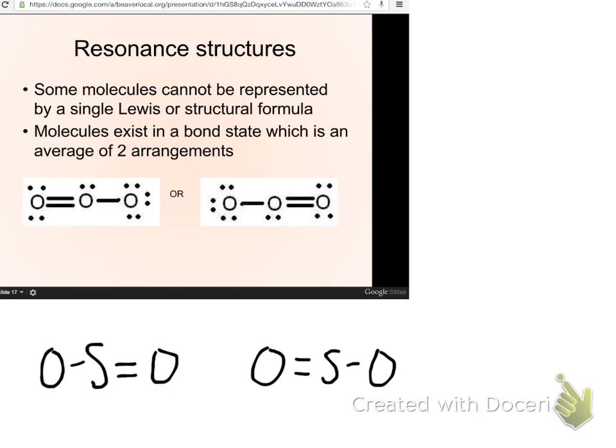And what we used to think, and by we I mean chemists, though I am really not a chemist, I'm a biologist, but chemists and physicists, because this is really down to physical chemistry, used to think that in any molecule where there were two different ways for something to exist, like there are two different places the double bond could be, there are two different places where this unshared pair could be, they figured that it basically vibrated back and forth between the two.